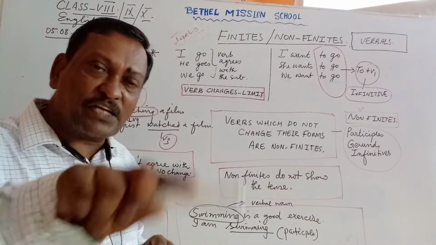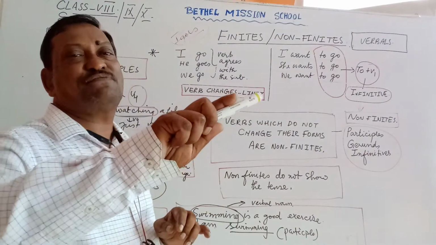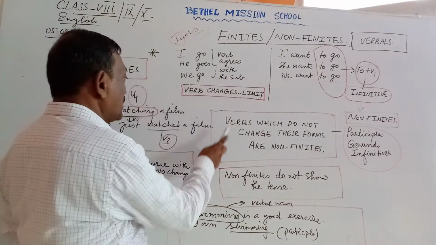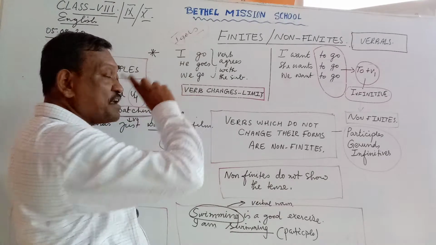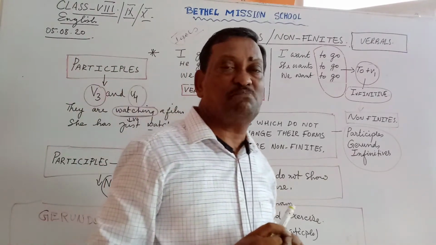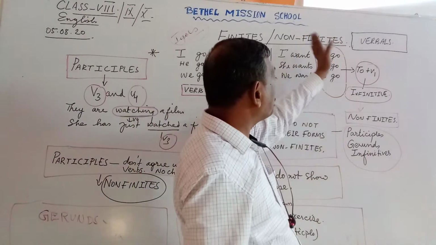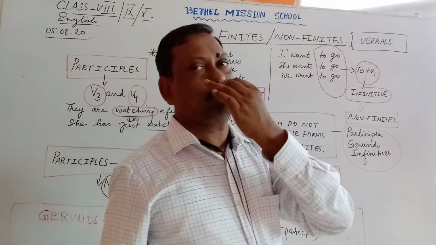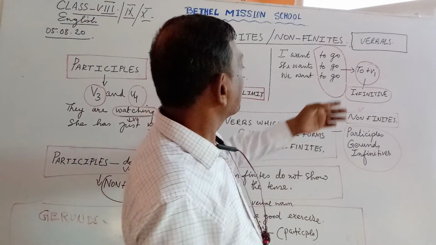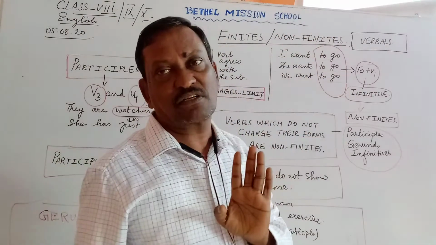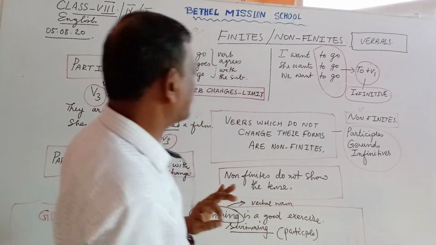So, coming back to the point that we started from, verbs which change their forms according to the subject are known as finite verbs, and verbs that do not change their forms according to the subject are known as non-finites.